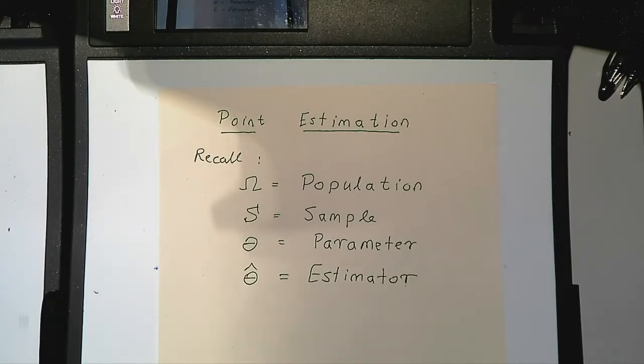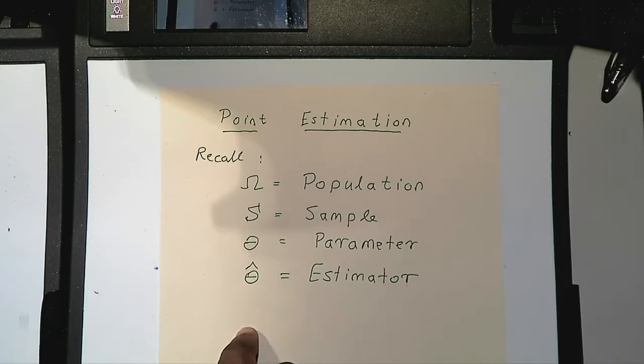Do you recall these guys? On the first day of classes, I talked about these 4 different things: a population, a sample, a parameter, and an estimator, right? So you should know what these 4 things are. Okay, now the question is, how do you choose the estimator?